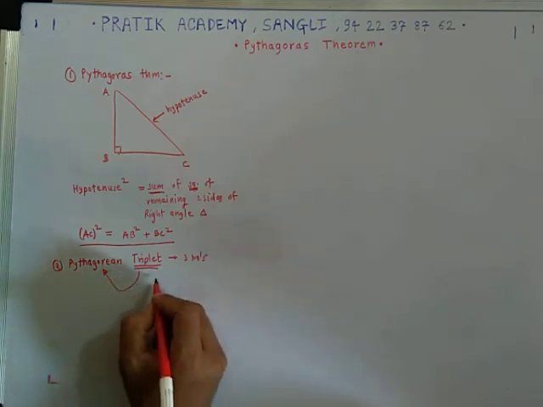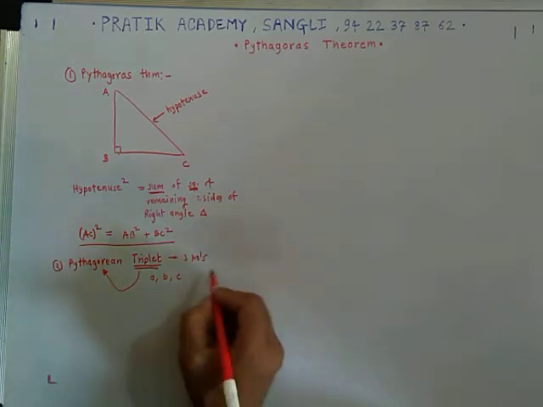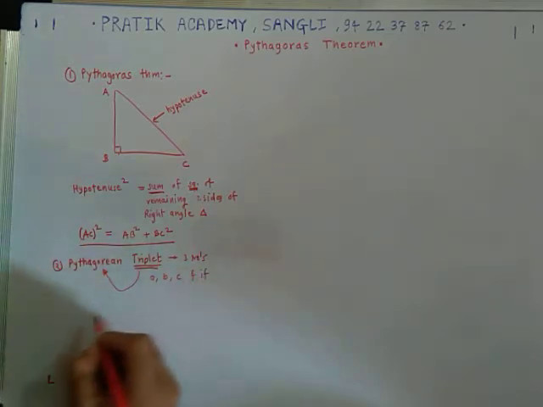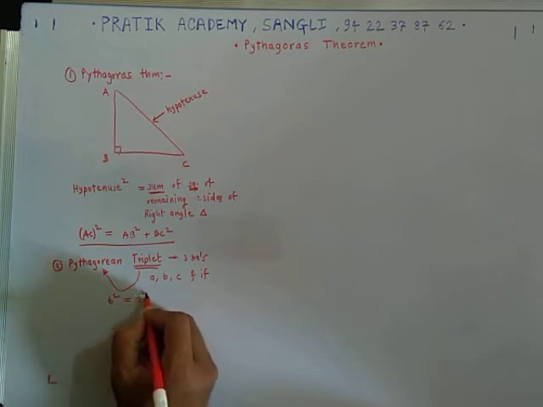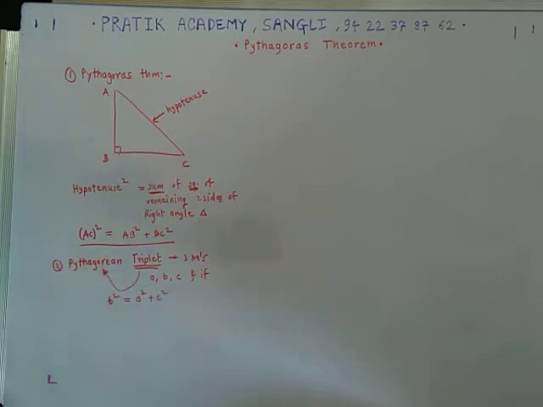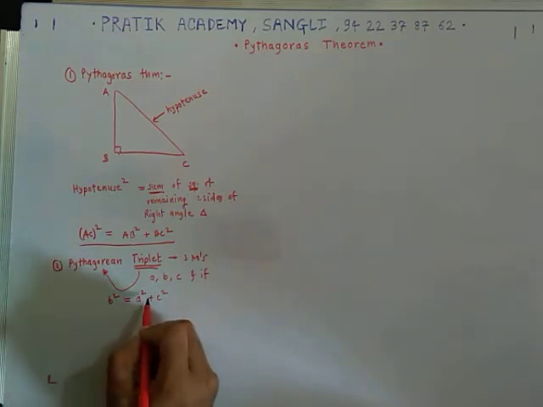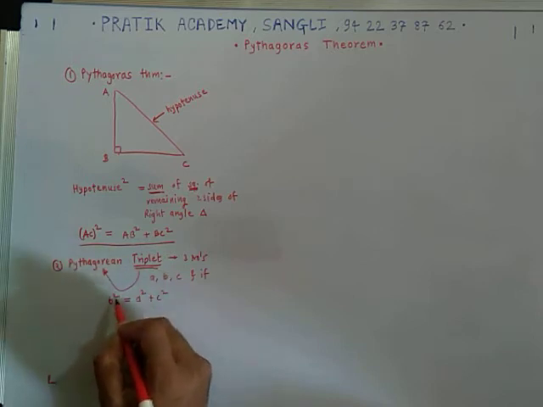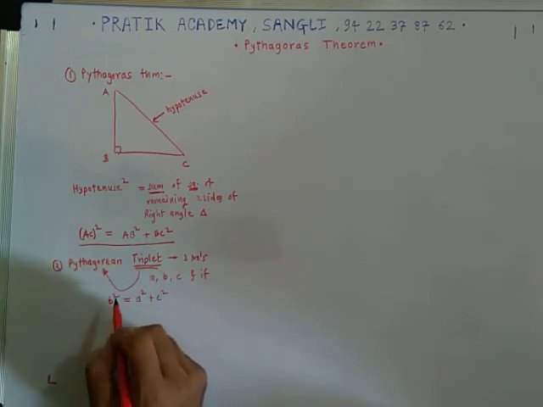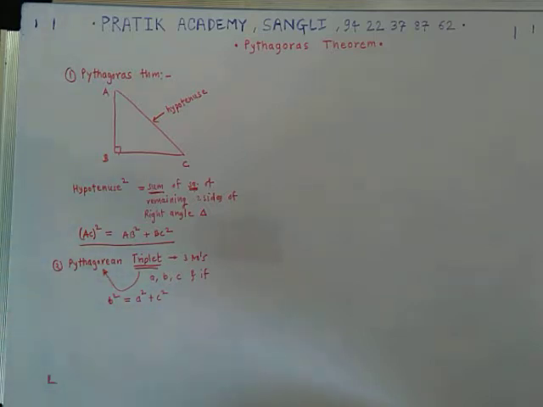If there are three numbers A, B, C, and if B square is equal to A square plus C square, or if you take the square of any two numbers and it is coming as the square of the third number, then these three numbers are called a Pythagorean triplet.